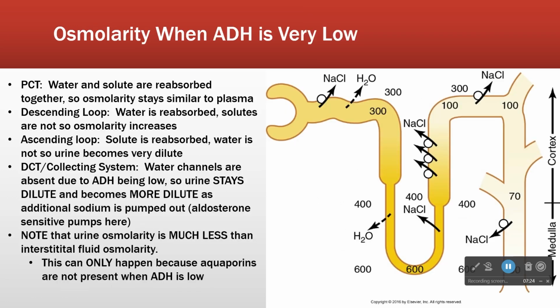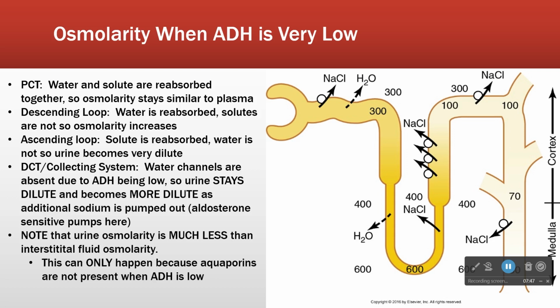So this is osmolarity of the urine, right? Filtrate becomes urine when ADH is very low. Okay, so when would that be? That's fluid overload, right? Our osmolarity is low. We have too much water for the amount of solute that we have. Okay, so what are the patterns that we see? Filtration, just like normal.